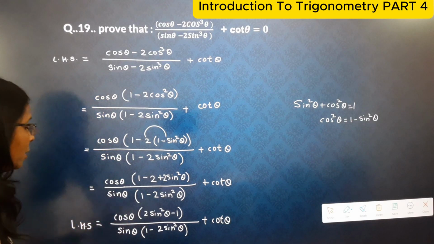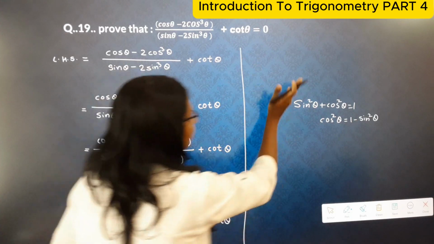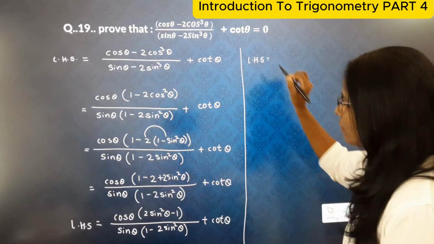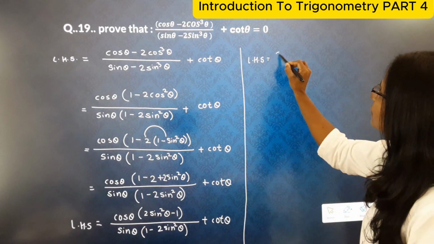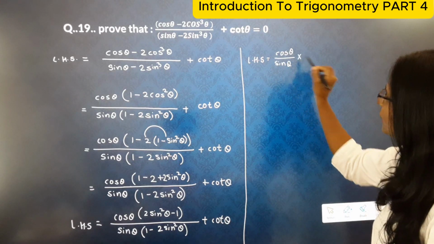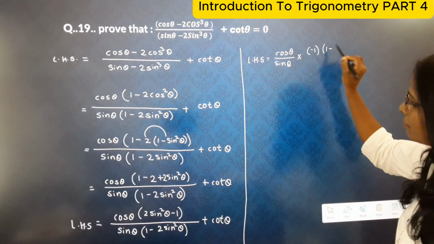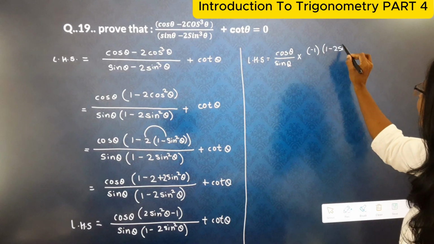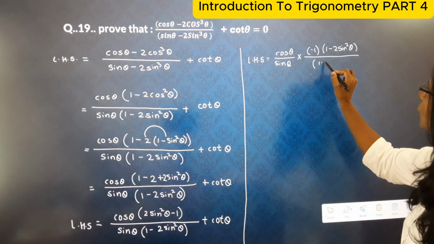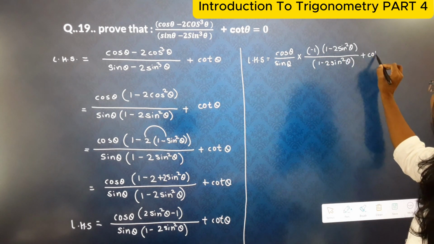So change the sign here. After changing the sign, LHS is equal to cos theta upon sin theta separately, multiply minus 1, and then 1 minus 2 sin square theta divided by 1 minus 2 sin square theta, and plus cot theta.